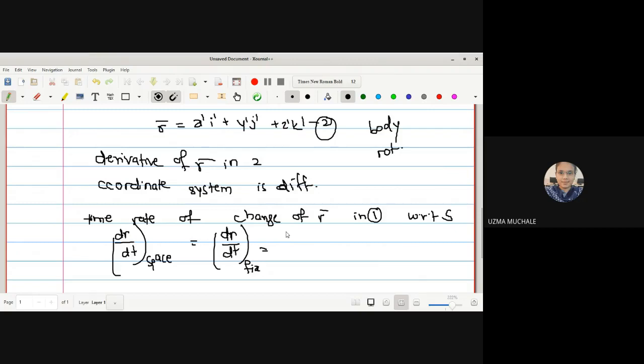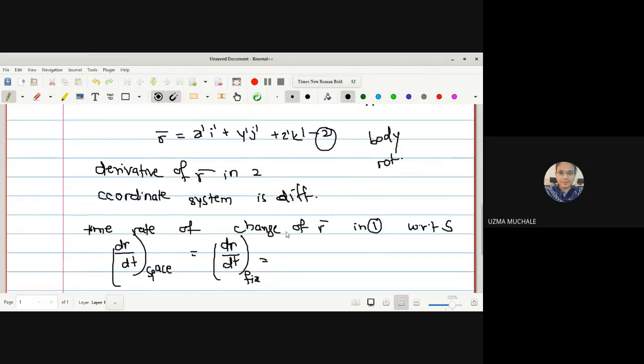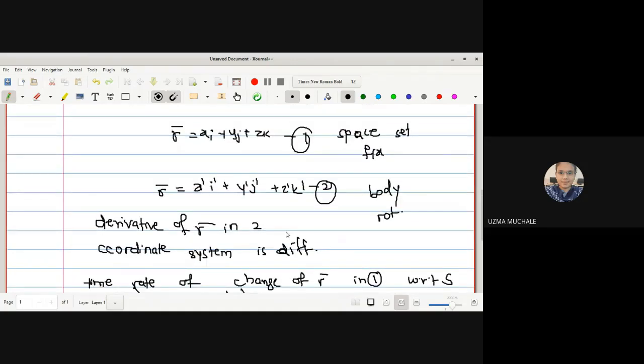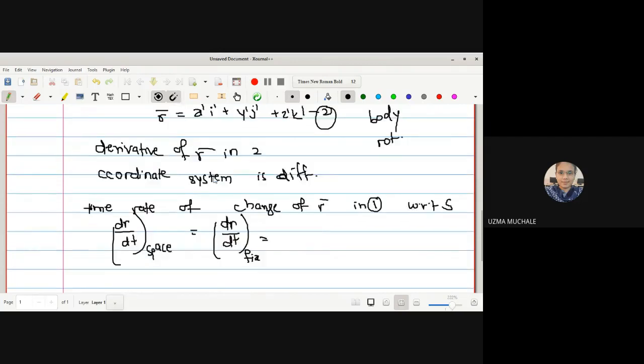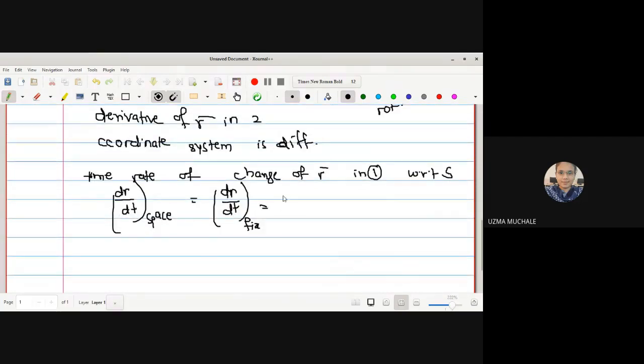Now, how do we differentiate equation 1? The derivative of this term is dr by dt, which is dx by dt. I, j, k are simply unit vectors, so there is no need to differentiate them, as we are differentiating in S only. But if you differentiate in another system, you have to consider i, j, k also.